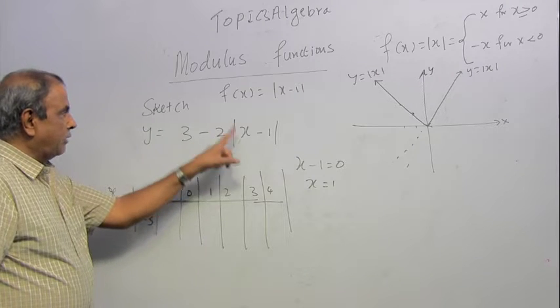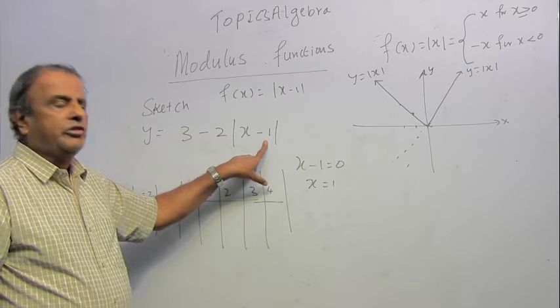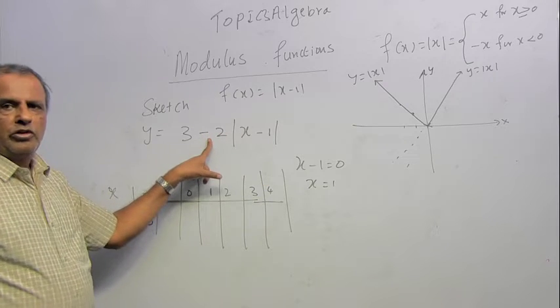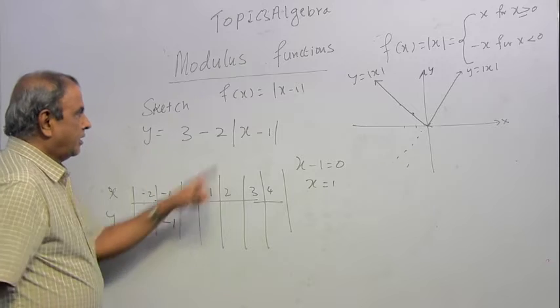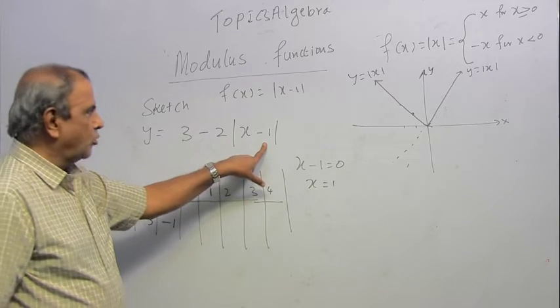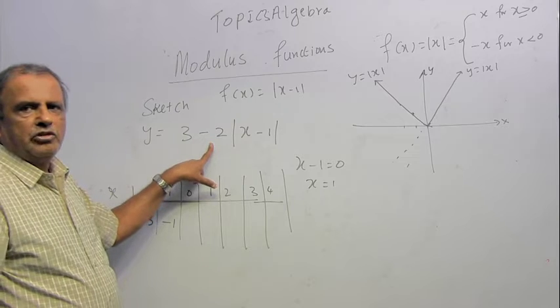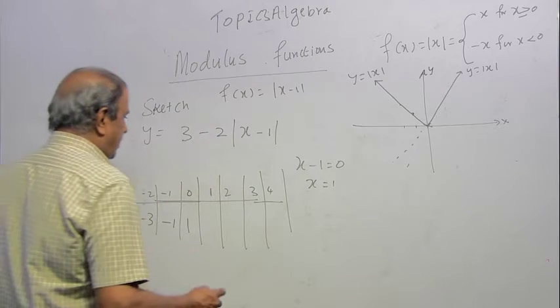When x is minus 1, minus 1 minus 1 is minus 2. Modulus of minus 2 is 2. 2 times minus 2 is minus 4. 3 minus 4 is minus 1. When x is 0, 0 minus 1 is minus 1. Modulus of minus 1 is 1. 1 times minus 2 is minus 2. 3 minus 2 is 1.